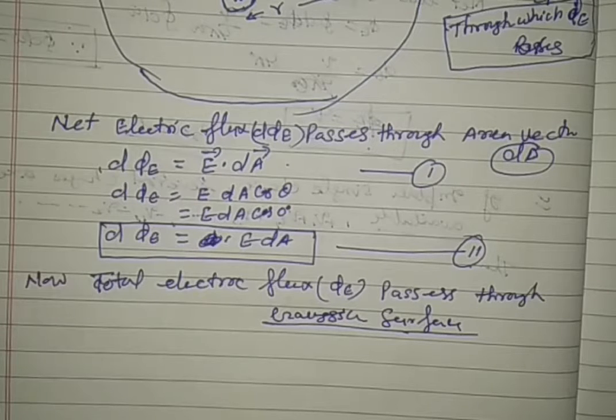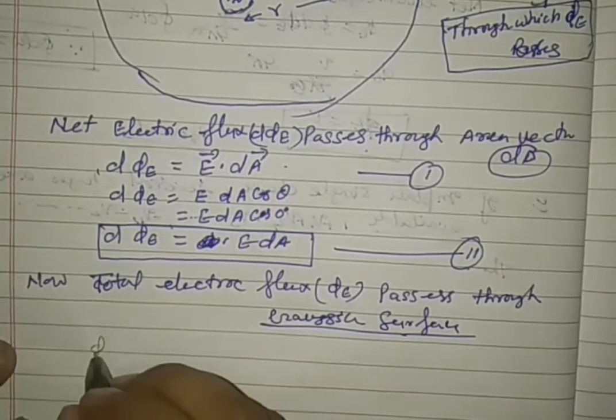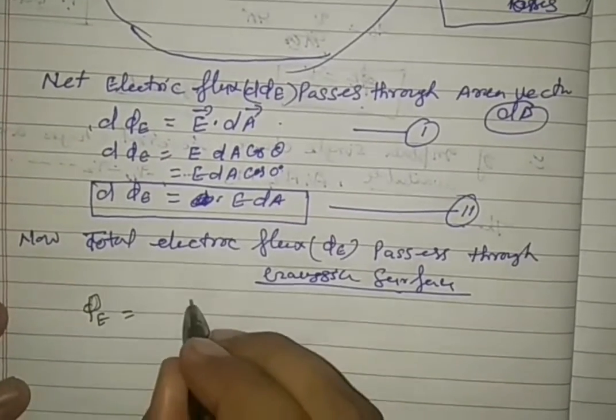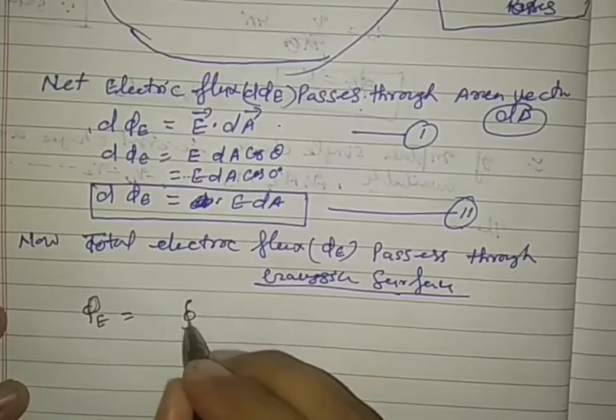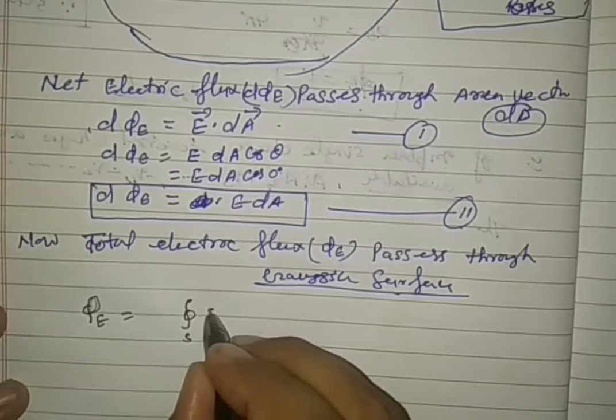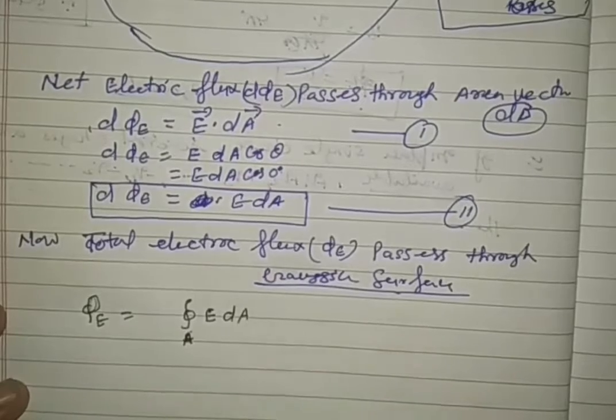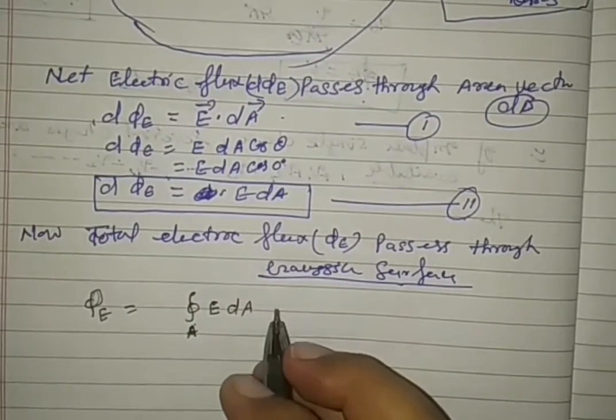The total electric flux phi E is the closed surface integral of E dA. Clear?